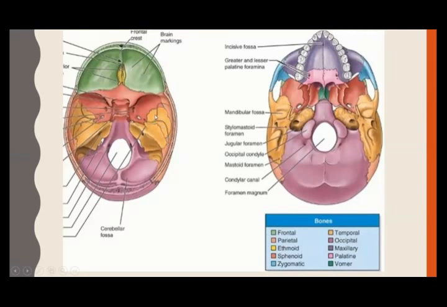Look, the anterior branch is crossing this point, the point where four bones meet. This is the pterion, and you see the anterior branch of the middle meningeal artery crossing the inside of the pterion. Okay? Is this thing clear?